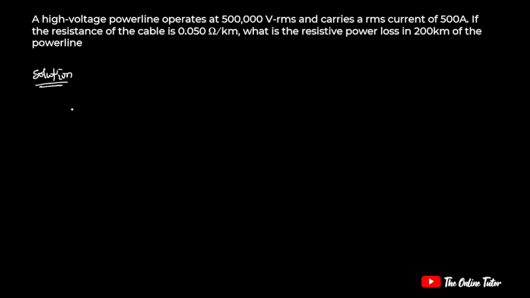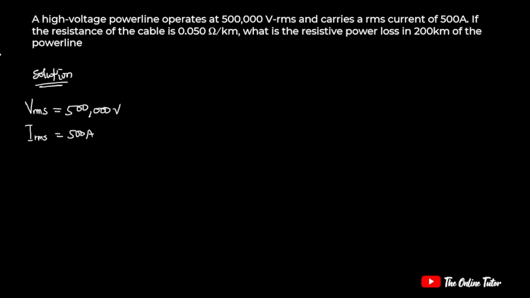So first of all, let's try to know the parameters that we have in this question. We have a high voltage power line operating at 500,000 root mean square voltage. So our root mean square voltage is 500,000 volts. Then we have a root mean square current of 500 amperes.